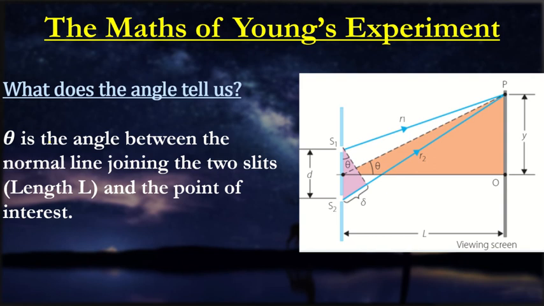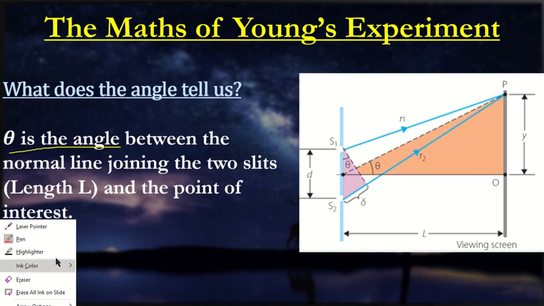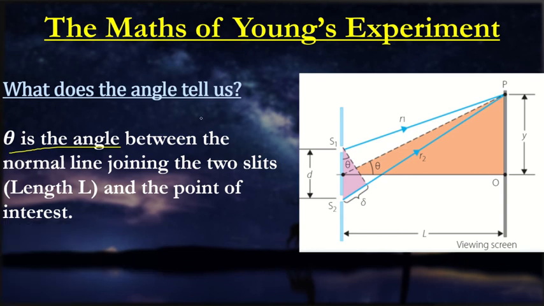Okay? In terms of how we determine the angle, the angle we're using is basically between the normal line joining the two slits. So we have this line here, we have this slit here. Imagine you have these two rays going across to their destination. We're saying where these two rays meet is a normal line.